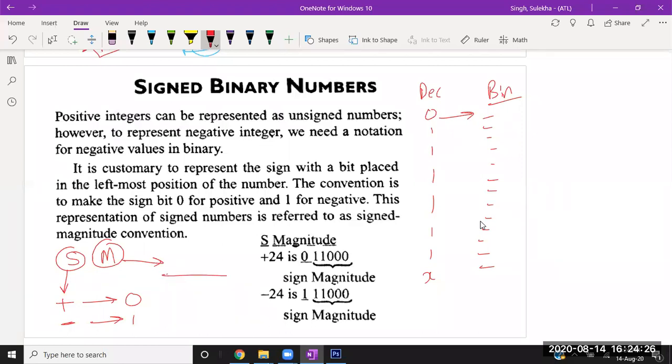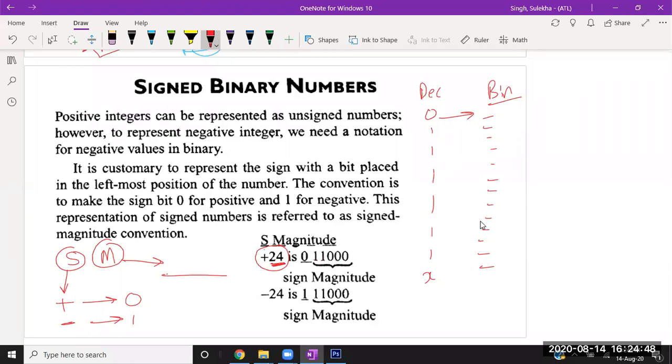For example, if you want to convert plus 24 into its binary form, you will change this 24 into binary and end up with 11000.